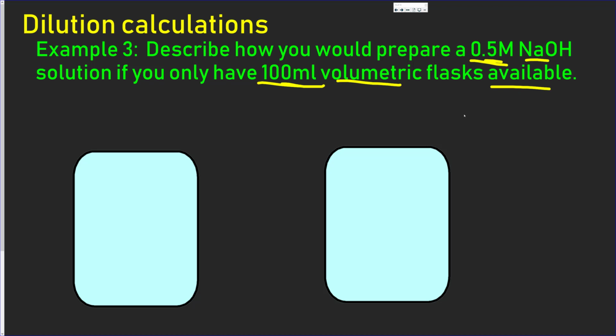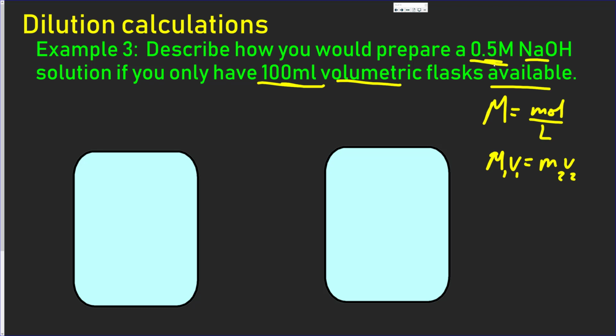We know a couple of formulas. Molarity is equal to moles over liter, and we can also dilute things with M1V1 = M2V2. First things first, I'm given this molarity.